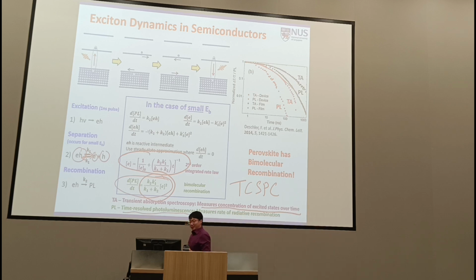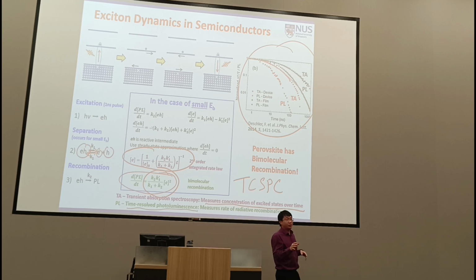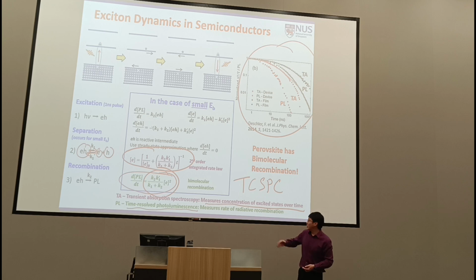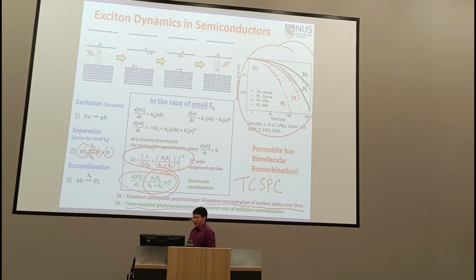And as I've said, this was actually an ex-colleague during my PhD. They actually plotted these curves, doing the experiments, the time resolved photoluminescence, as well as the transient absorption spectroscopy. We did the experiment, and you see the experimental data as all the dots.